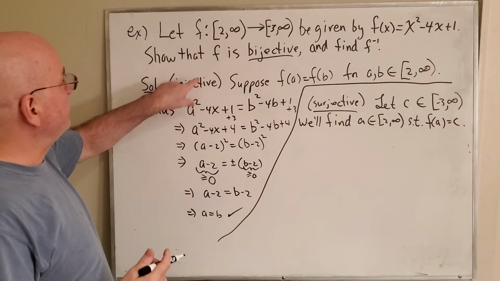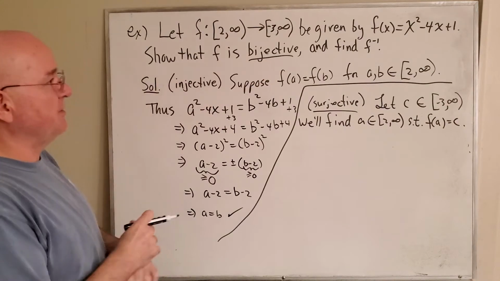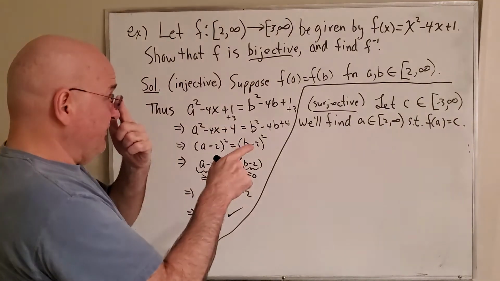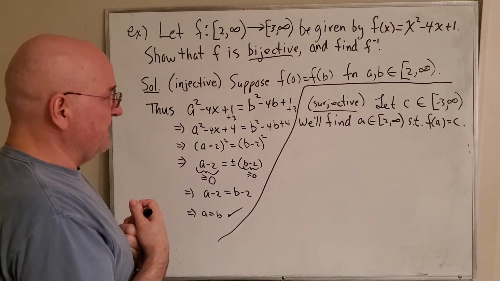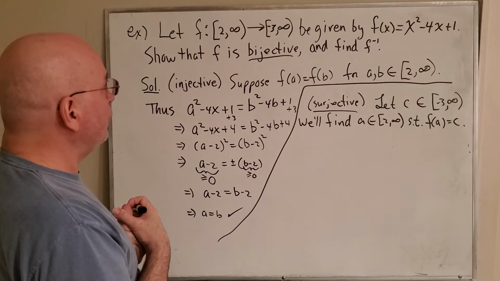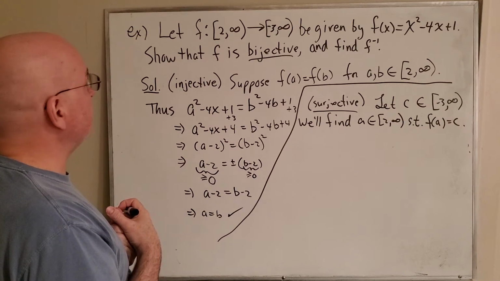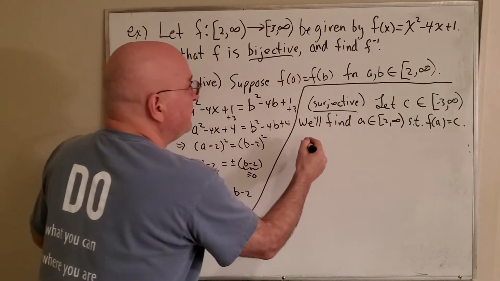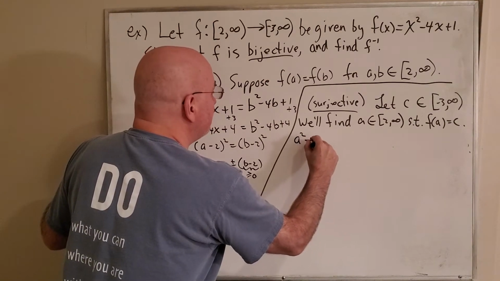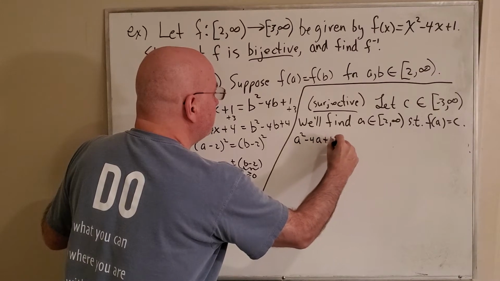At least we'll be done proving the bijective part. All right, well, if we want f of A equal to C, we're going to give this a shot: f of A would be A squared minus 4A plus 1 equals C.